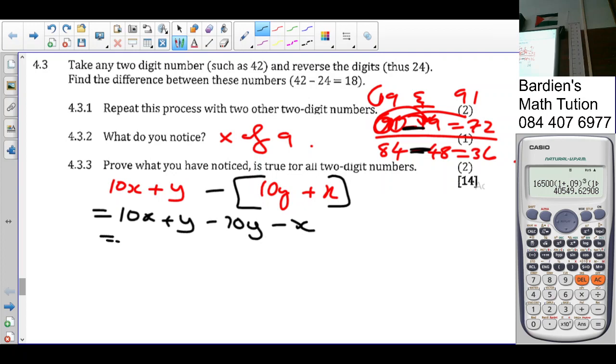Now what? We add like terms. 9x minus 9y. I say, hang on. You take 9 as a common factor. So what can we say?